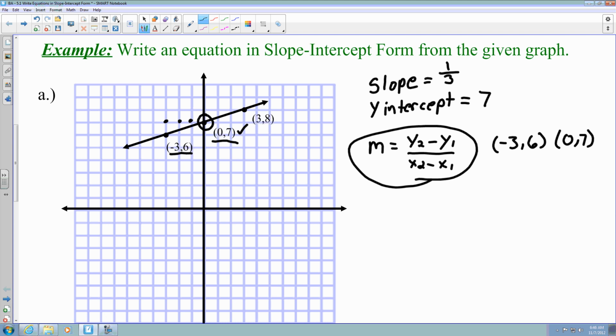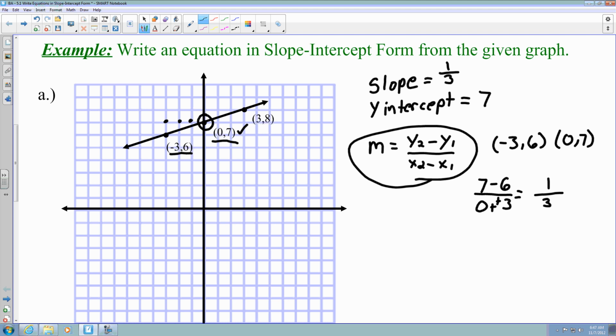So I'm going to use 7 as my y2 minus 6, which is my y1, divided by 0 minus a negative 3. Since that's a negative and a negative, I'll make those a plus. So 7 minus 6 equals 1 over 0 plus 3, which is 3. And that gives us the same slope as counting the graph.